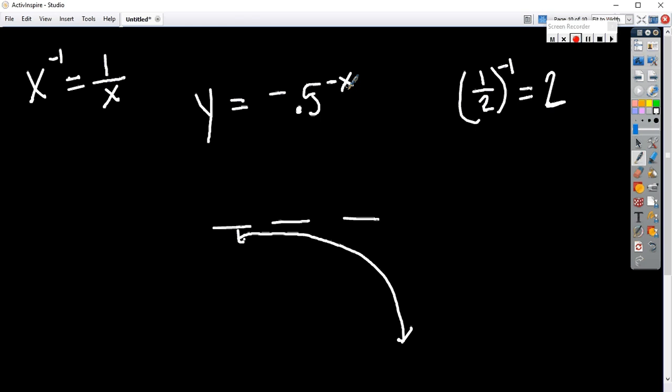Interest can be compounded two different ways: compounded continuously, or compounded a certain number of times per year. So the continuous one is always the easiest one. You use that PERT formula.